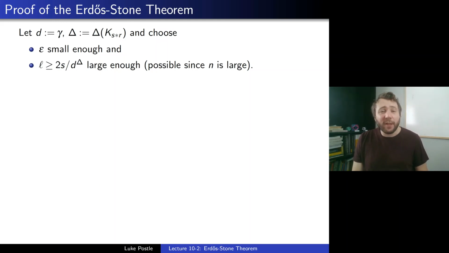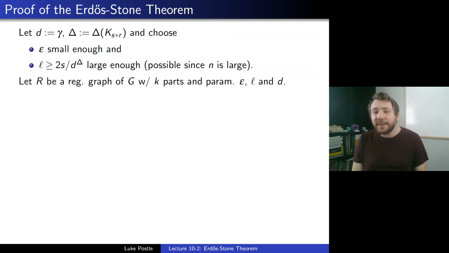So again, that L, the size, will depend on n and the number of parts. The number of parts would come from what epsilon you chose, and what minimum number of parts. So you'd have to think about those, but basically, since n is going off to infinity, we're doing this really asymptotically, n just needs to be large enough to guarantee that condition on L for the blow-up lemma.